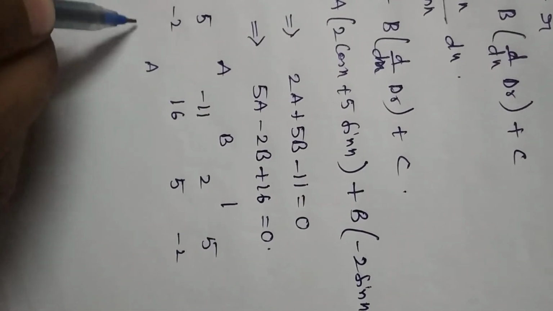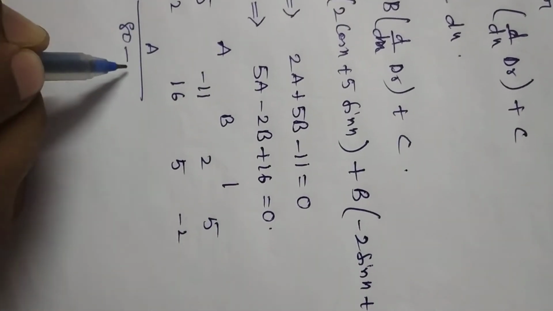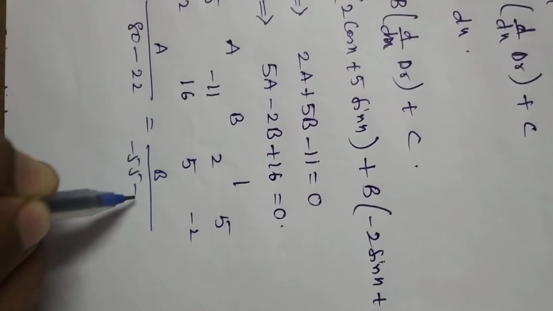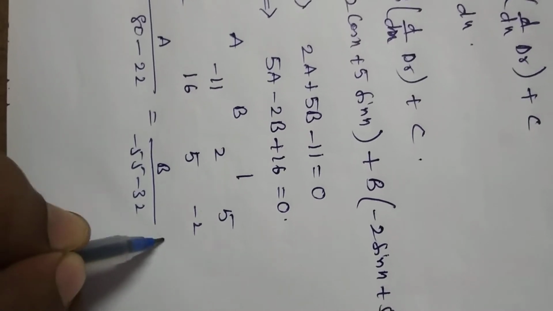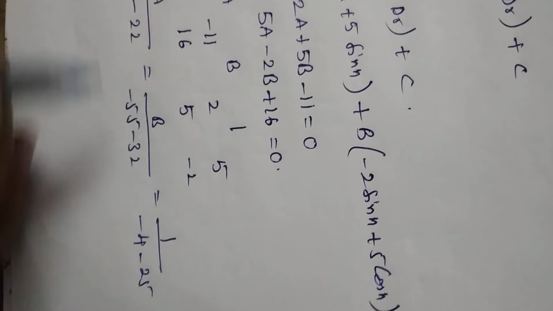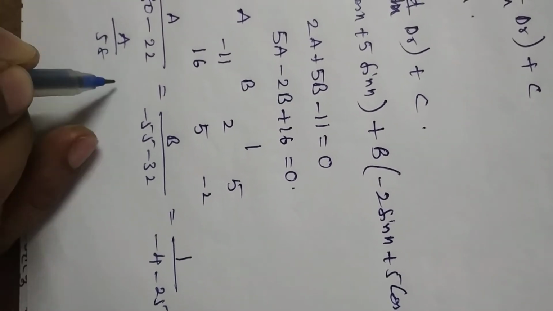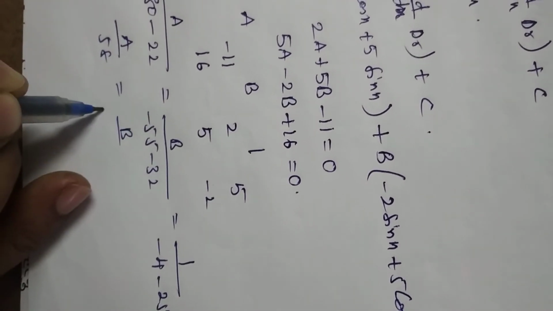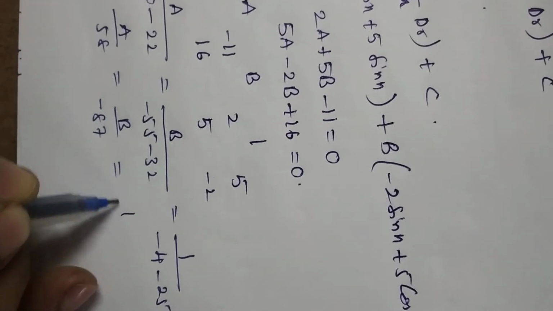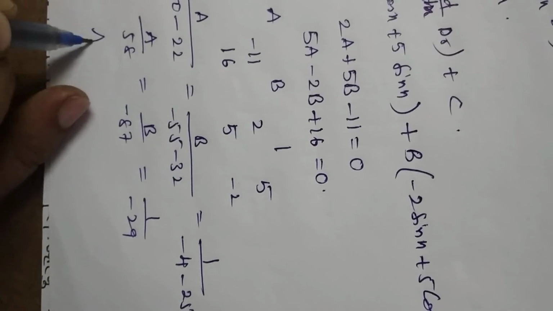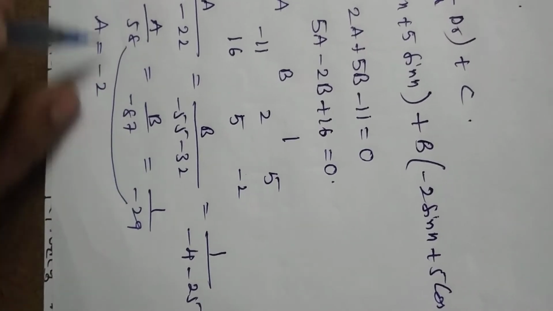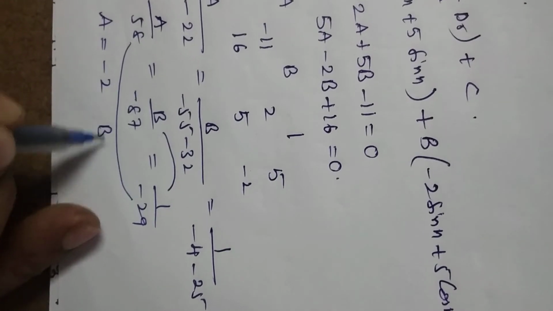So a by 16 5s are 80 minus 22 is equal to b by minus 55 minus 32 is equal to 1 by minus 4 minus 25. So a by 58 is equal to b by minus 87 is equal to 1 by minus 29. So a is equal to minus 2 by taking these two. Next by taking these two, b is equal to 3.